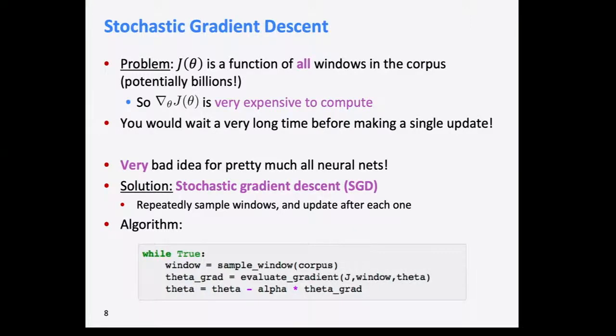So this is an amazingly noisy estimate of the gradient, but it doesn't matter too much, because as soon as we've done it, we're going to choose a different center word and do it again and again, so that gradually we approach what we would have gotten if we'd looked at all of the center words before we took any steps. But because we take steps as we go, we get to the minimum of the function orders of magnitude more quickly. So this shows the simplest case where we're just sampling one window.